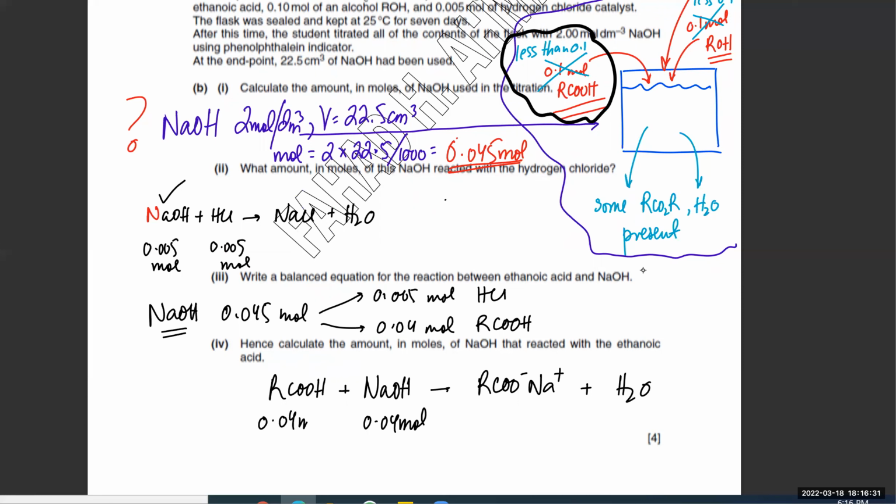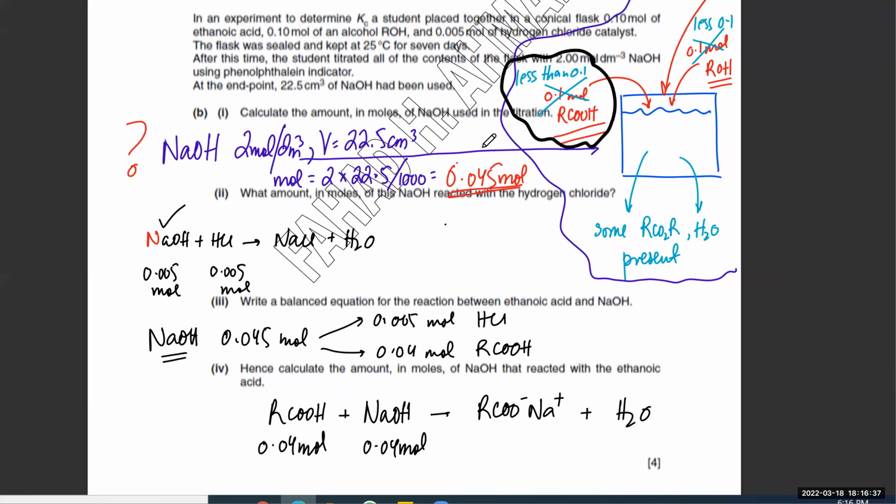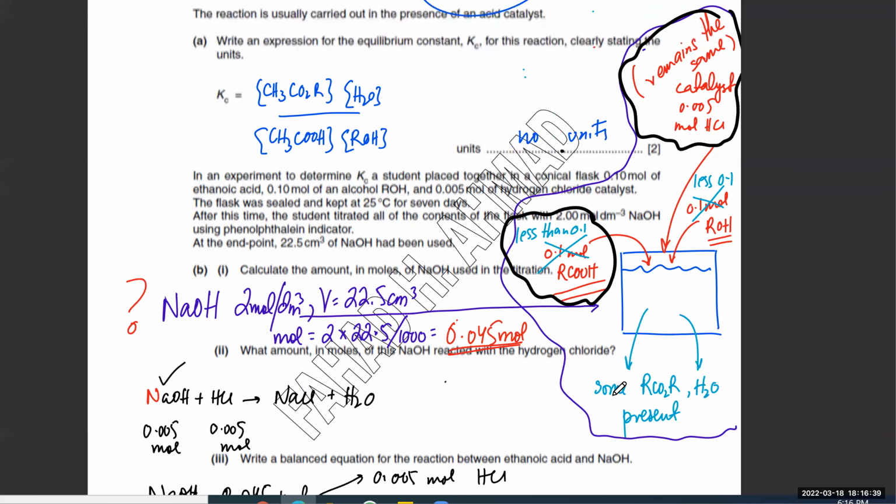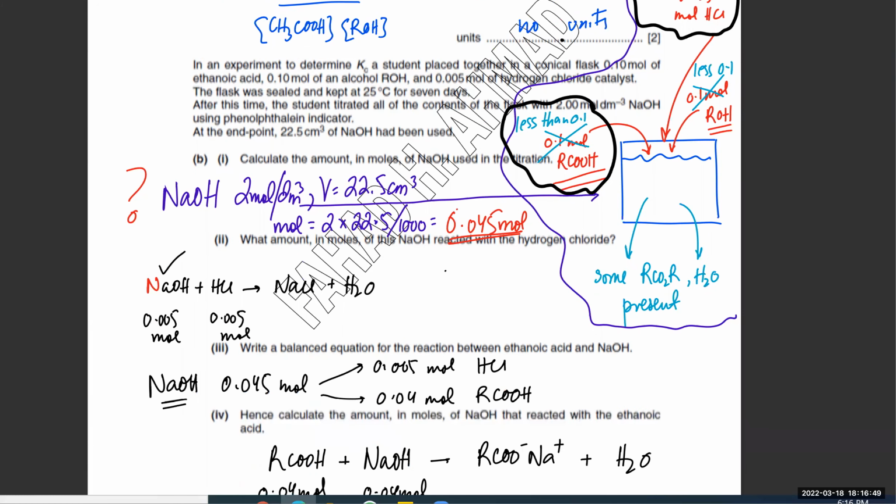अच्छा, anyways, I'm going to sum this up. This is what's happening. You added 0.045 moles of NaOH and it reacted with the whole mixture. But the entire mixture wasn't reacting. It's only the HCl that's going to react and only the carboxylic acid that's going to react. We figured out that we added 0.045 moles. So HCl हमारे पास पड़ा था 0.005 moles. So इसका मतलब है 0.005 moles of NaOH is reacting with the HCl.